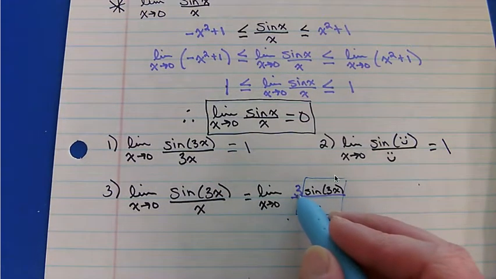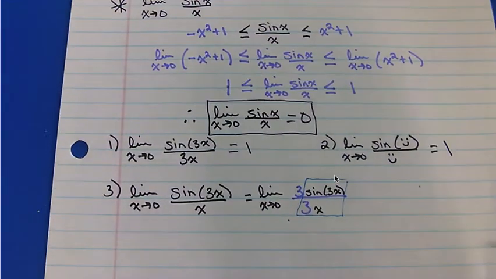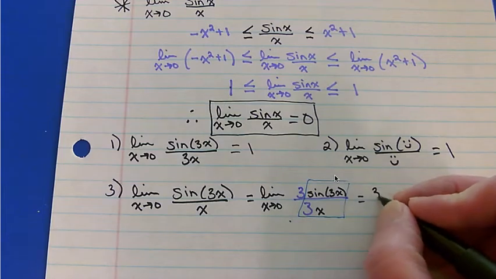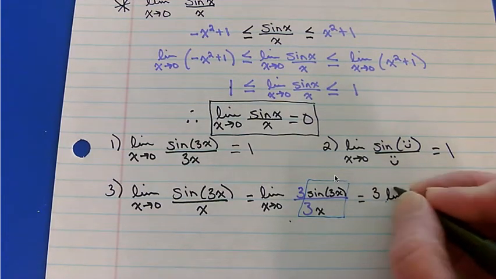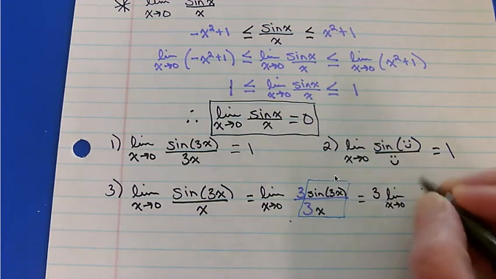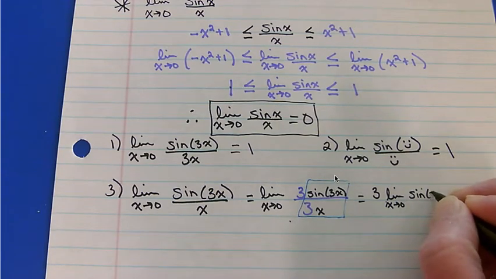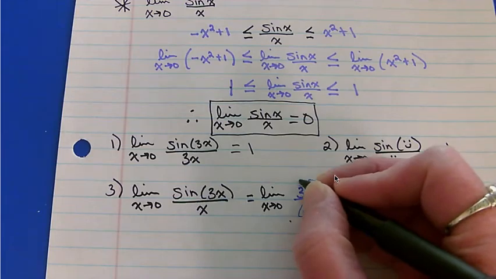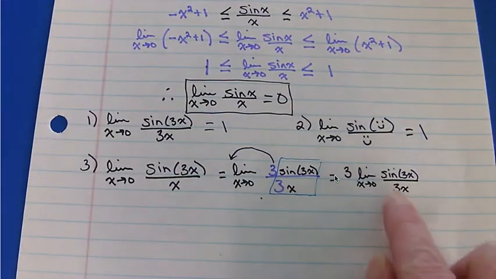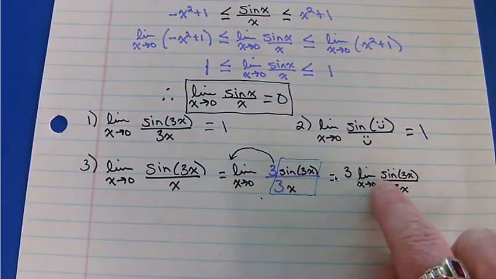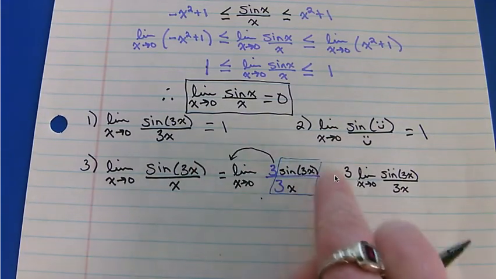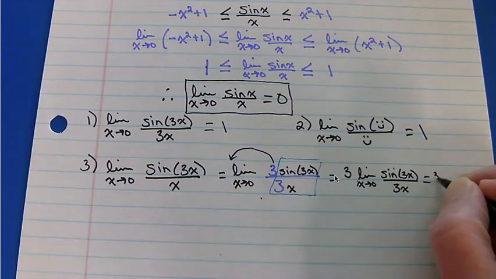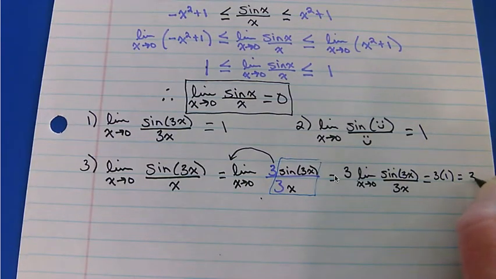I can factor out that 3 now, and it's going to go on the outside of the limit as x approaches 0 of sine of 3x over 3x. This reduces to 1. And then we have the 3 on the outside, so that just gives me 3 times 1, which is 3.